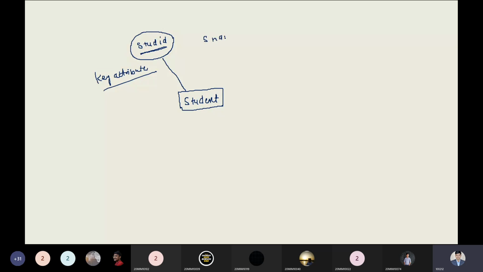Student name is a normal attribute, so it can have duplicate information. There will be no issue. But for student contact number, or student phone number, we can have multiple phone numbers of the student, because in today's era a person can have multiple numbers, so we can draw it just like this.